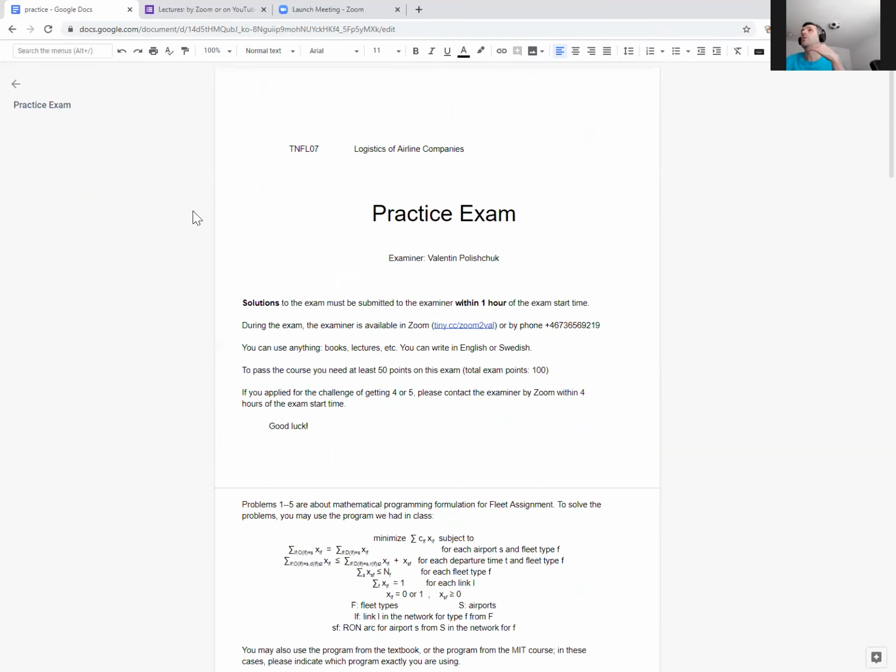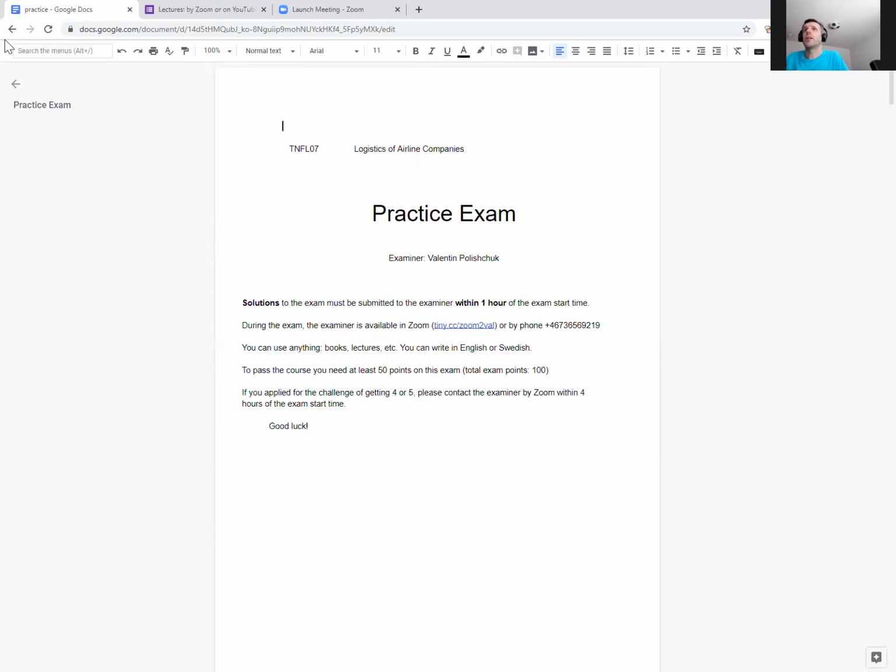I don't promise that on the actual exam you will have the same ratio of fleet assignment to revenue management problems, but the problem types will be the same. I also show the full layout, so that it looks like an A4 page. This is the first page of the exam, and it has all the information that you will have also in your actual exam.